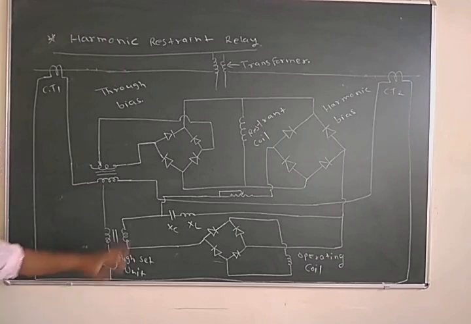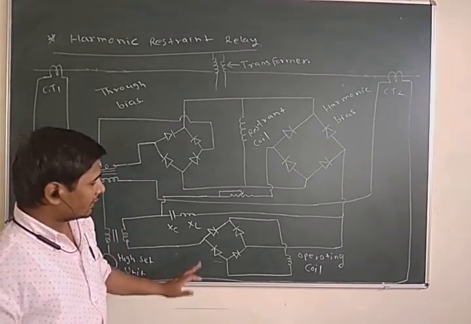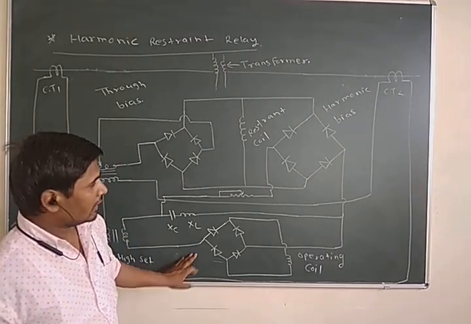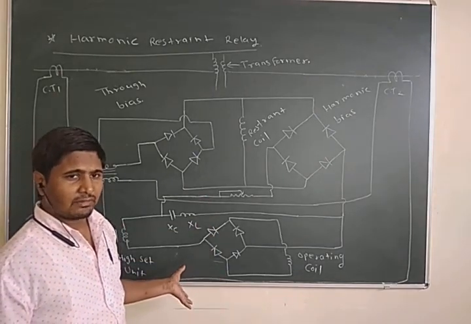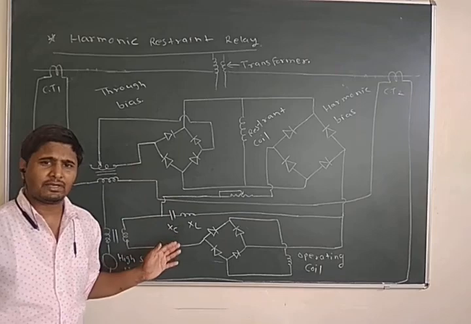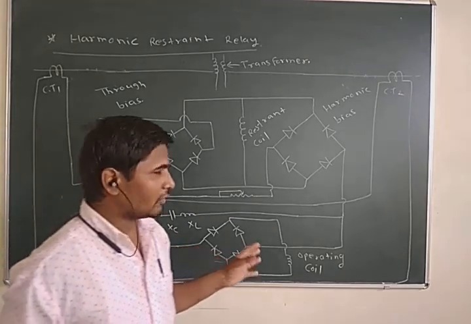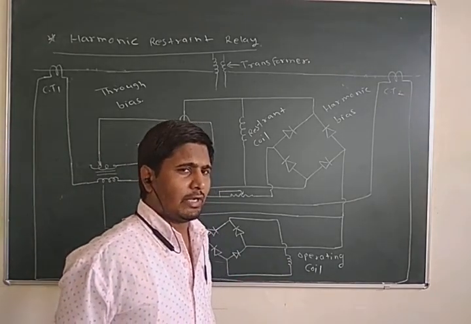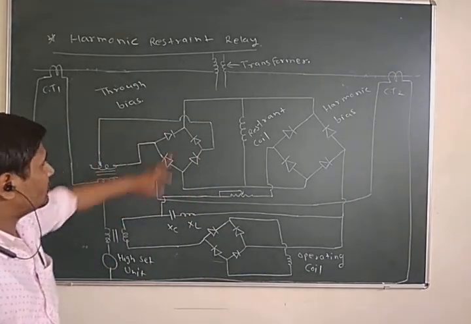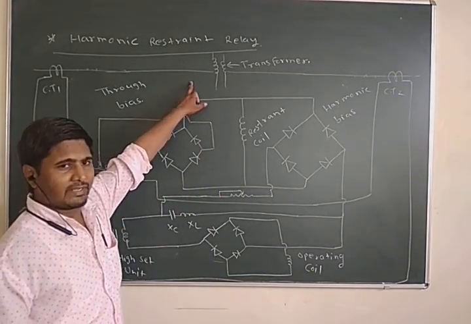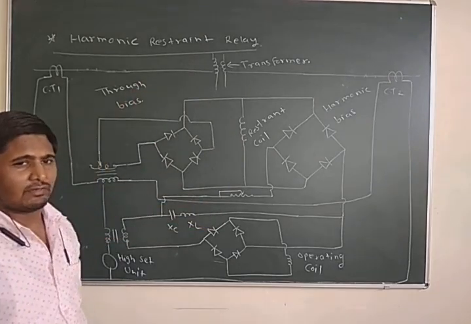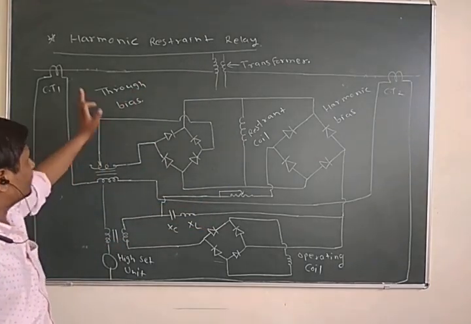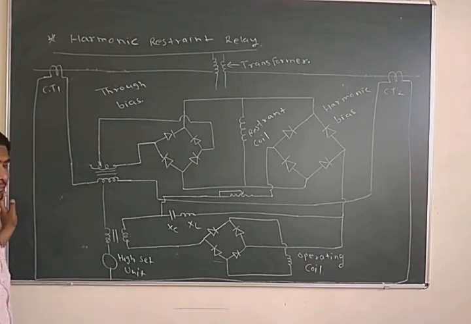That current is known as inrush current, and our relay understands it as a fault condition, so our differential relay operates falsely. So we have to protect this transformer against fault conditions and avoid operation in case of inrush current flow. Now we use the harmonic restraint relay.